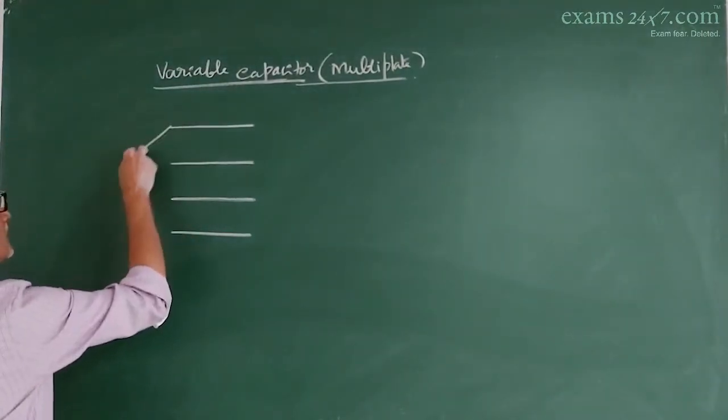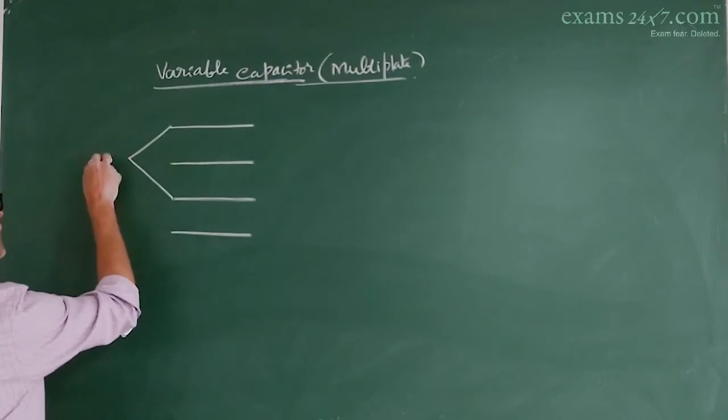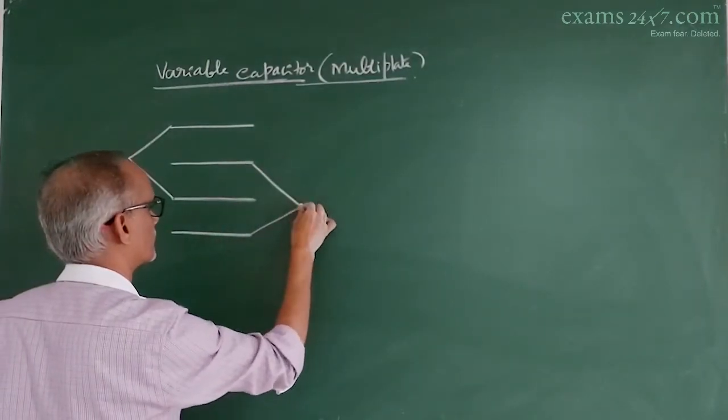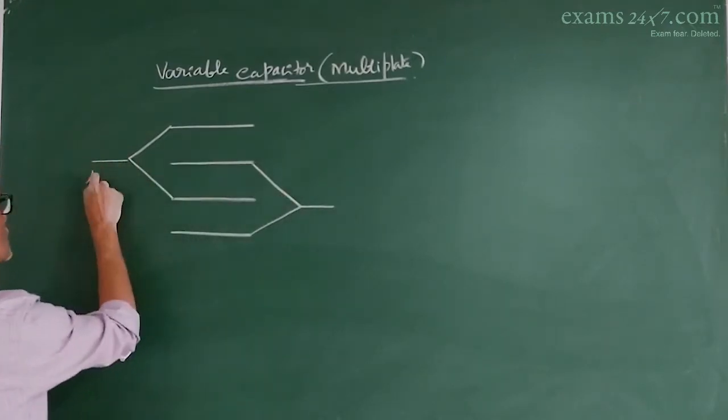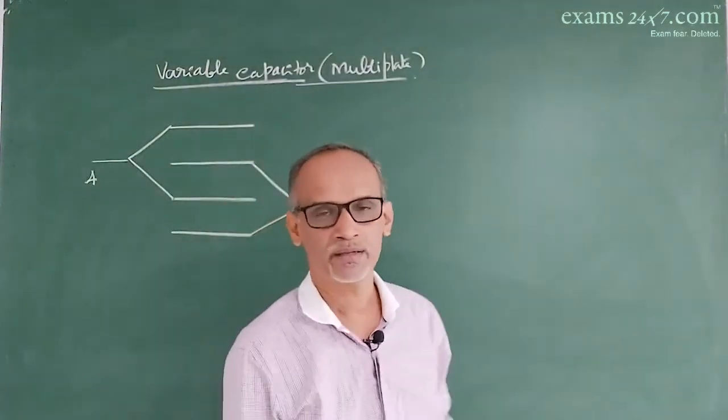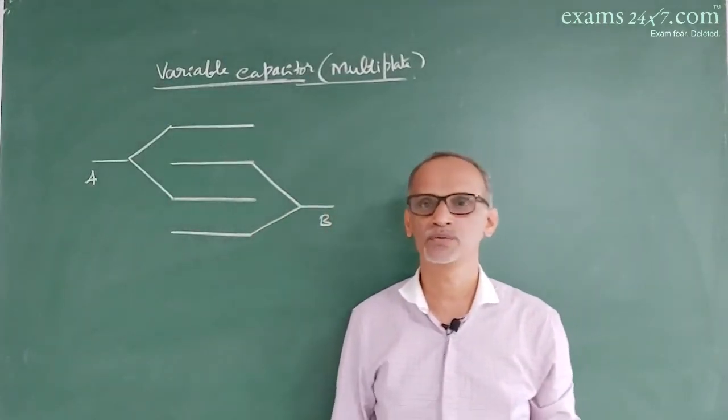Now here we have an arrangement where the plates are arranged something like this. So what is the effective capacity between A and B? That's what we need to calculate.